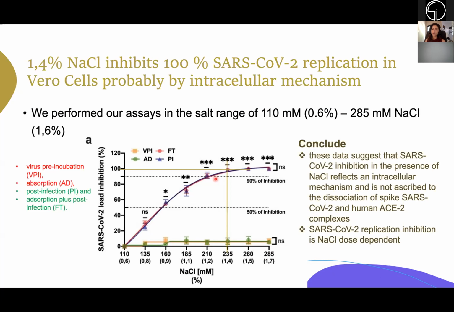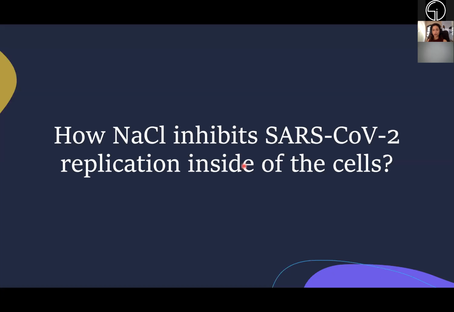So based on these results, we can conclude that these data suggest that the SARS-CoV-2 inhibition in the presence of salt reflects an intracellular mechanism, and it is not ascribed to the dissociation of spike SARS-CoV-2 and human ACE2 complexes, as we thought at the beginning. SARS-CoV-2 replication inhibition is NaCl dose dependent. So it is a very interesting observation.